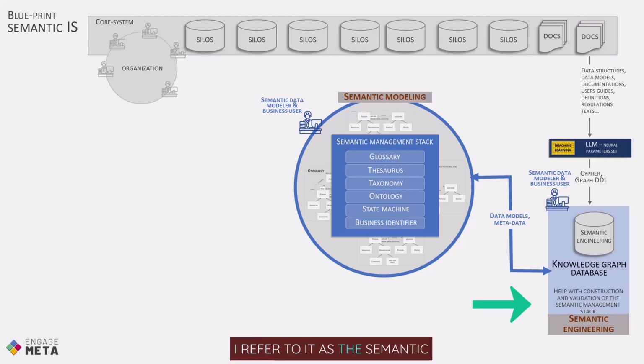I refer to it as the semantic engineering repository because it also aids in the construction of semantic modeling by providing a clear, user-friendly UI for data models and data instances validation through graph representations.